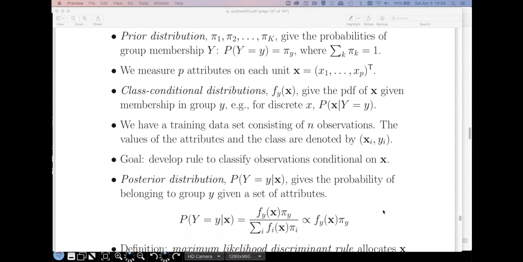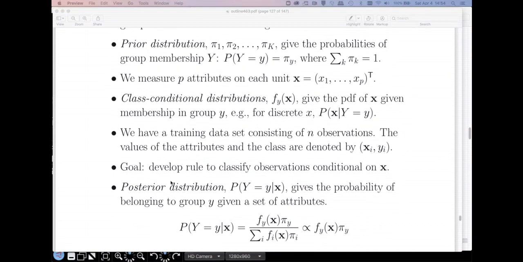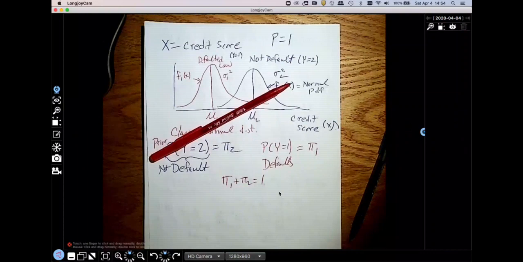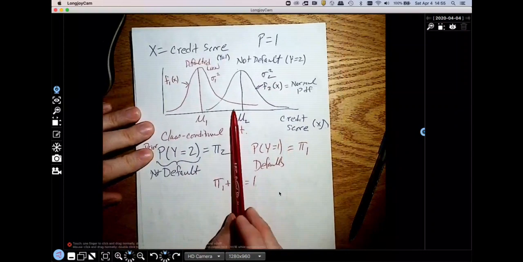Now, the way we're going to get to this is with something called the posterior distribution. So the posterior distribution is just the probability of group membership for a given x. So let's view this on my figure over here.